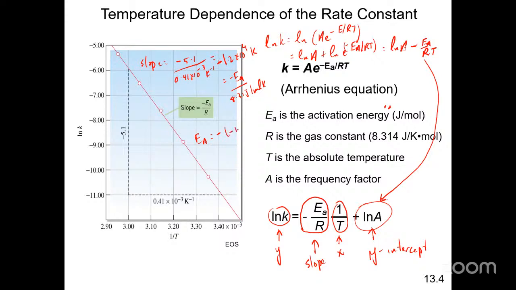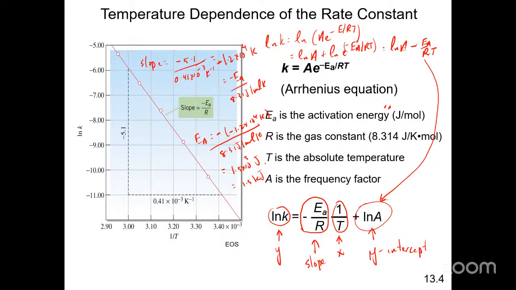Minus 1.2 times 10 to the 4 Kelvin divided by 8.31 joules per mole Kelvin. The minus signs will cancel out each other, so therefore I'm just going to divide the 1.2 times 10 to the 4 by 8.31. And according to my calculation, the activation energy for this reaction is 1.5 times 10 to the 3 joules, which would be the same thing as 1.5 kilojoules.